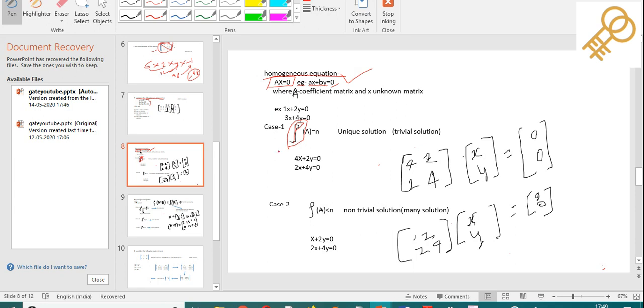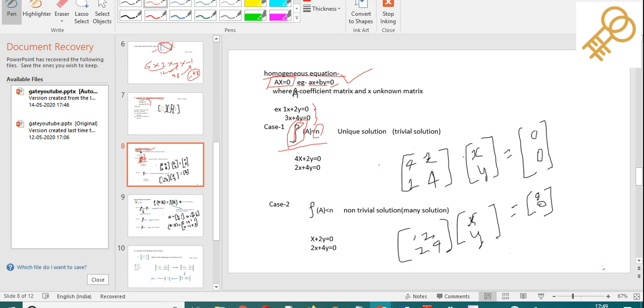So in the first case, if the rank of the matrix A is equal to n, then in that case we'll get a unique solution. You may have one doubt: what is n? The n is the number of variables. For example, suppose in these given equations you have ax plus 2y is equal to 0, 3x plus 4y is equal to 0.